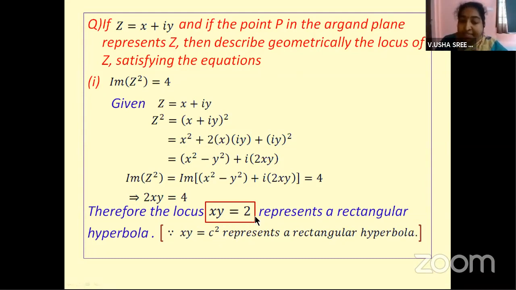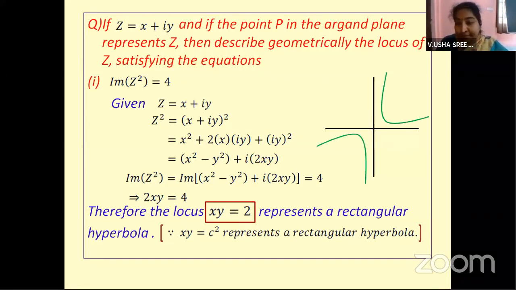So it is something like c square form only. Now, how that diagram looks like, we'll just see. This is the rectangular hyperbola represented with xy is equal to 2. Now, how to get this diagram? You can just go with a graph, take some values for x and y. You can always get this form of this geometrical representation. Right?